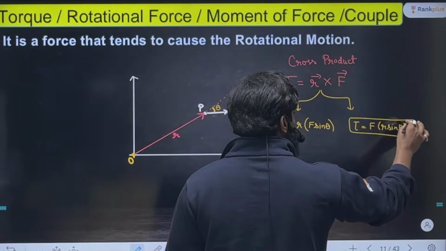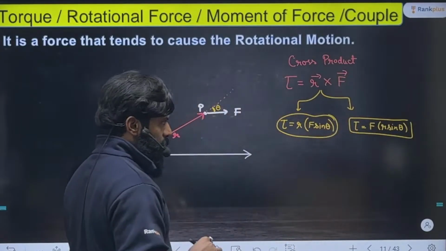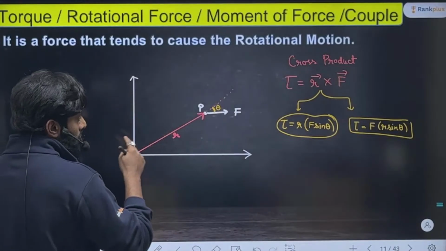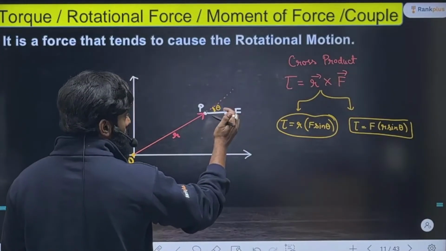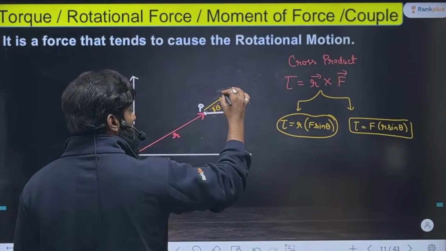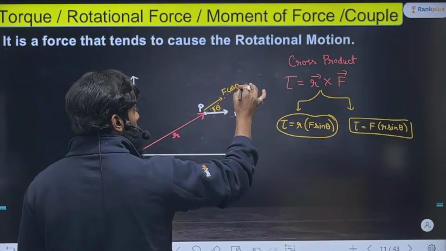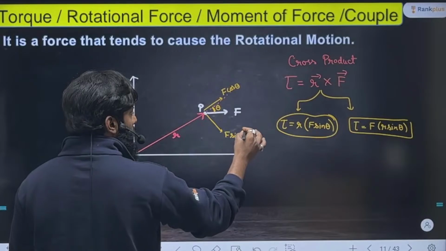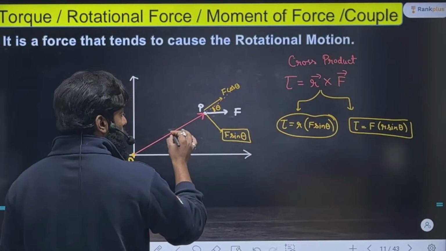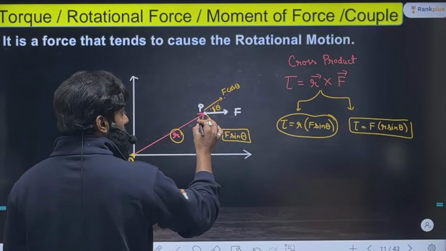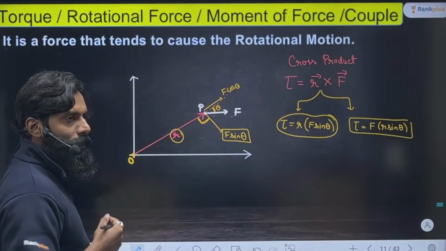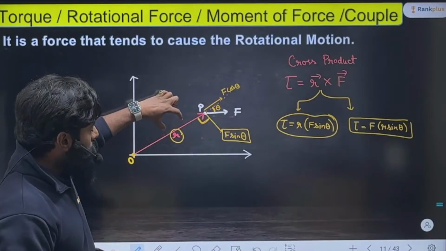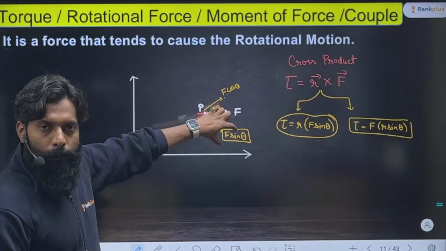What's the difference between these two? The difference is that if I have F here, I can divide this F into two parts, F cos theta and F sine theta. So if I'm considering this F sine theta, I have to multiply it by R. Generally, we say that torque is equal to R multiplied by the perpendicular force.